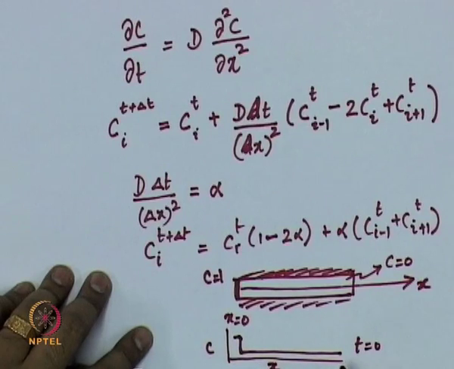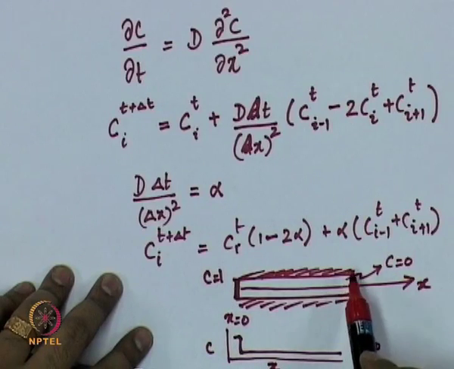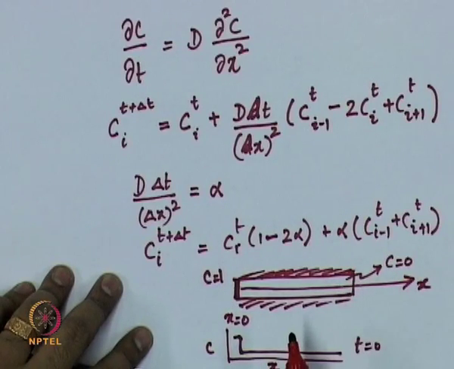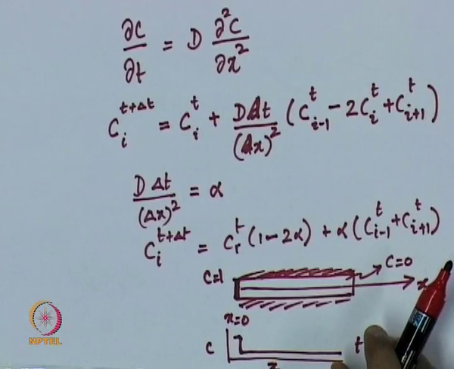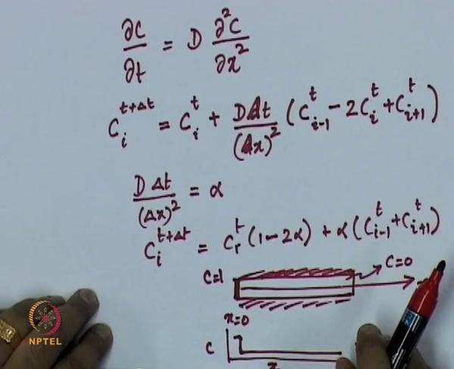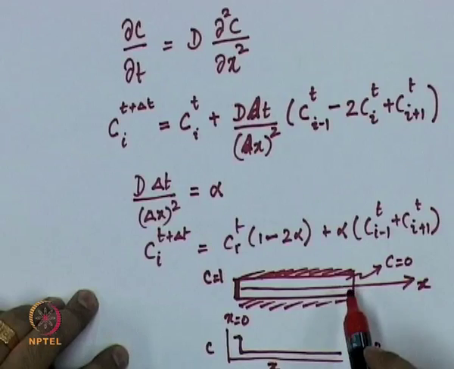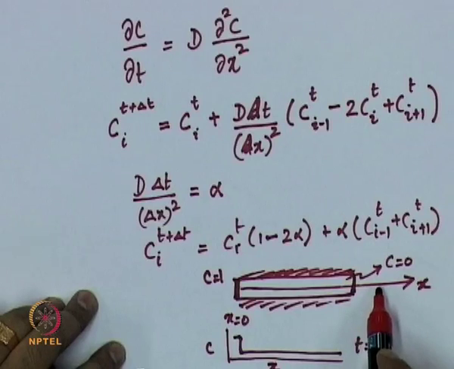So, this is the initial condition, and we have one boundary condition. This end is always kept at 1. The other end, we need to decide what the boundary condition is going to be. So, I am going to keep the boundary condition that there is no flux at this boundary.